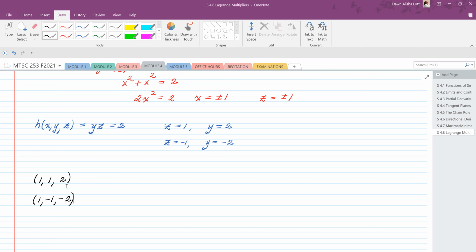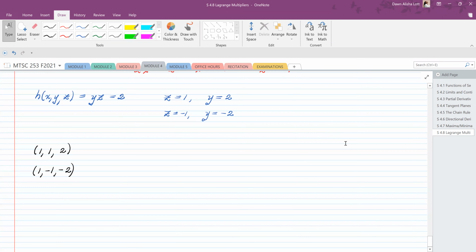X can be -1, Z can be 1, and Y can be 2. Or X can be -1, Z can be -1, and Y would be -2.